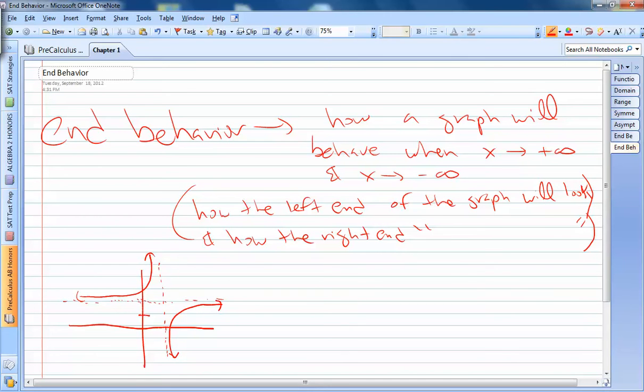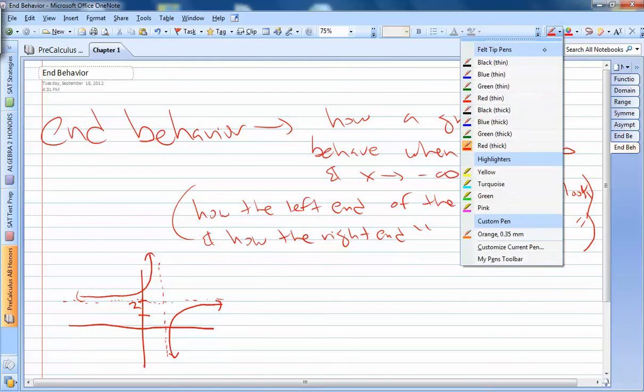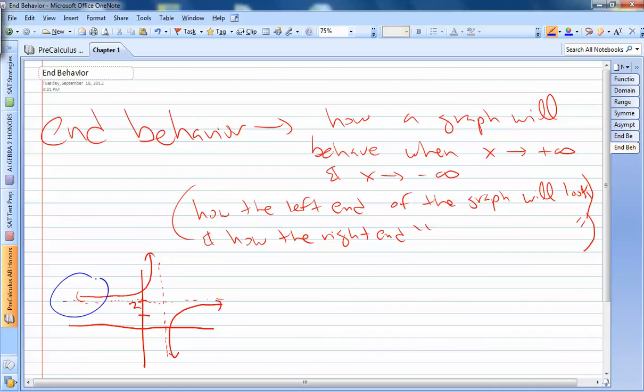And say this is at y equals 2. And actually, we don't really care about the vertical asymptote. But when we look at the end behavior, we want to focus again on the left end and the right end of the graph.